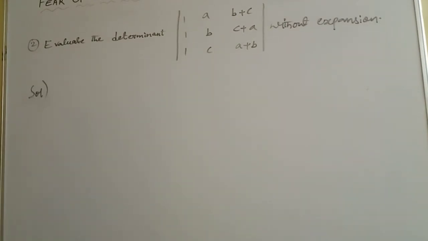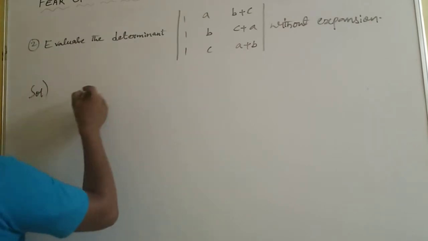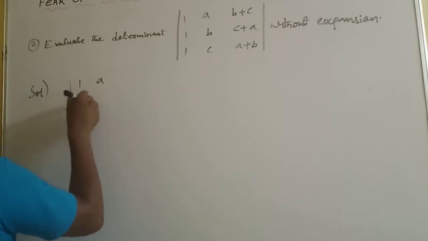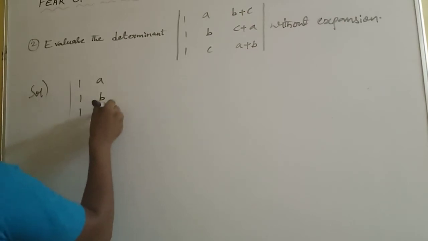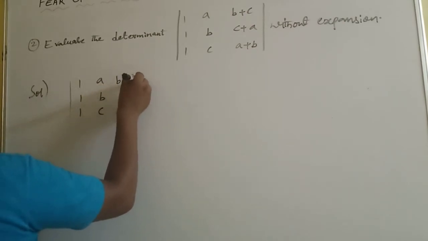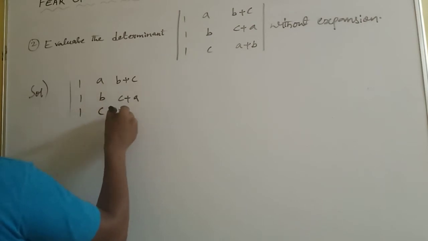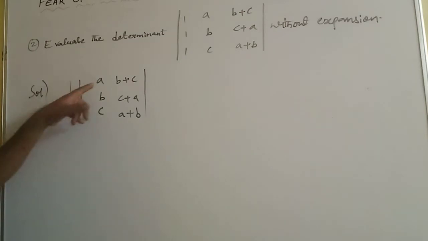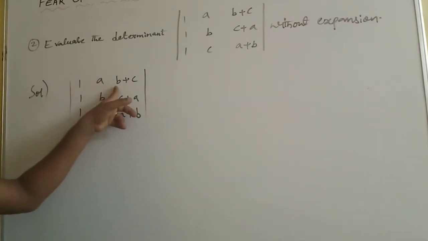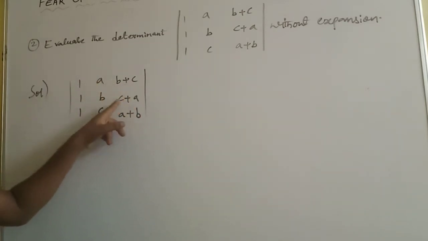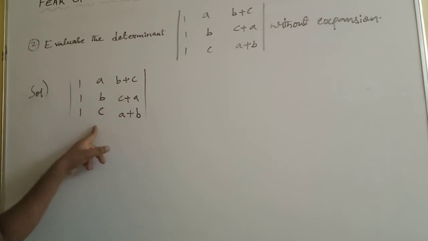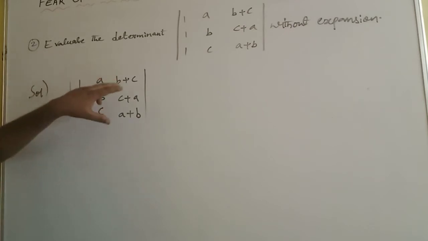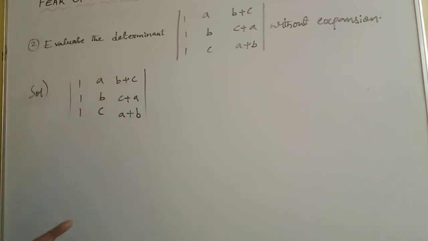First we take 1 a, 1 b, 1 c, b plus c, c plus a, a plus b. So here if I add these two, a plus b plus c, here also a plus b plus c, here also a plus b plus c. If I take a plus b plus c common, all become 1, 1, 1, so it is possible to get 0.